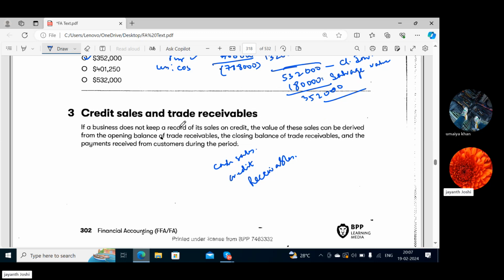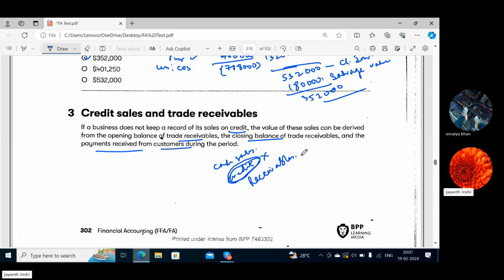Now, if a business does not keep a record of its sales on credit, the value of these sales can be derived from the opening balance of receivables, the closing balance of receivables, and any payment received from customers. Even if you are not maintaining any record of credit sales, you can know how much your credit sales were at the end of the year.